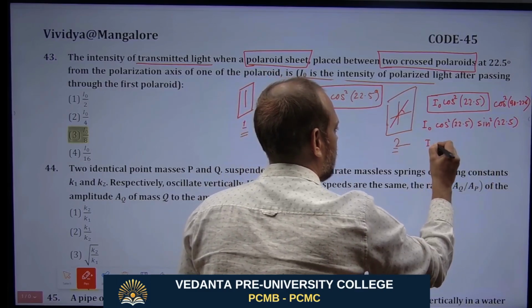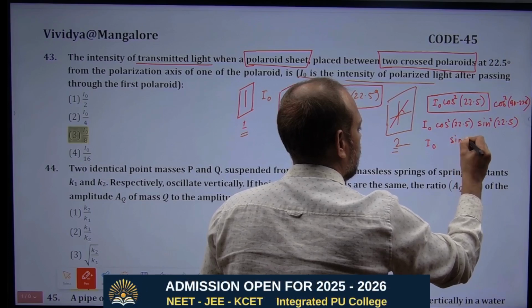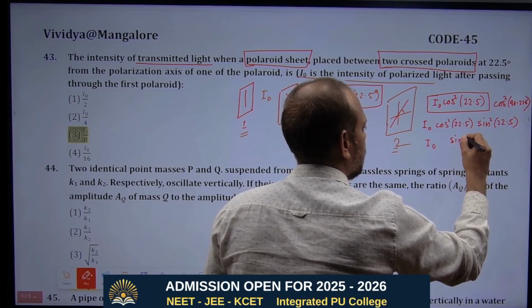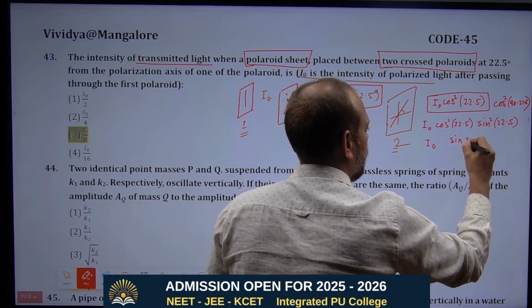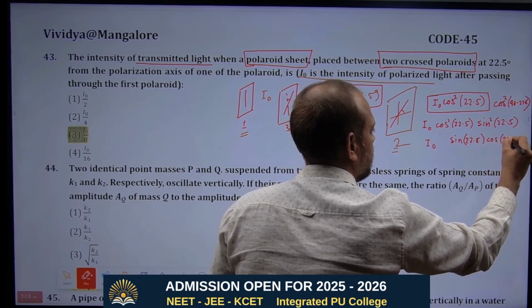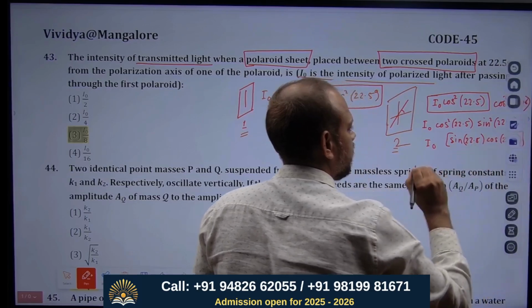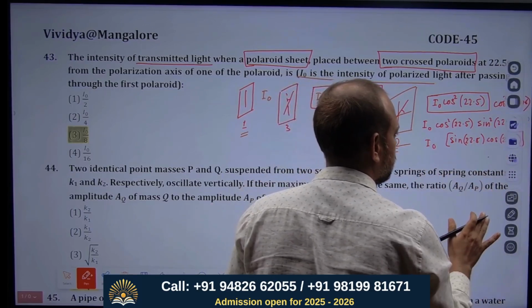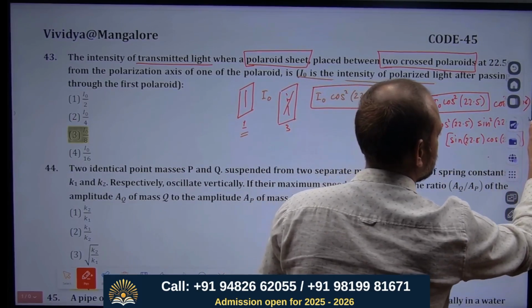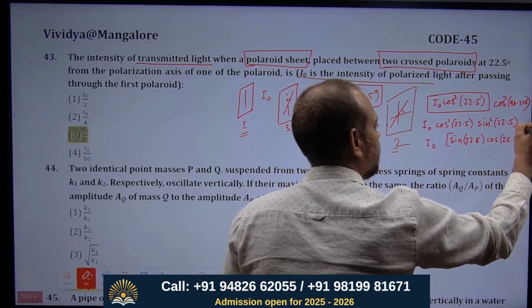You can write it as sine 22.5 into cos 22.5, whole square.